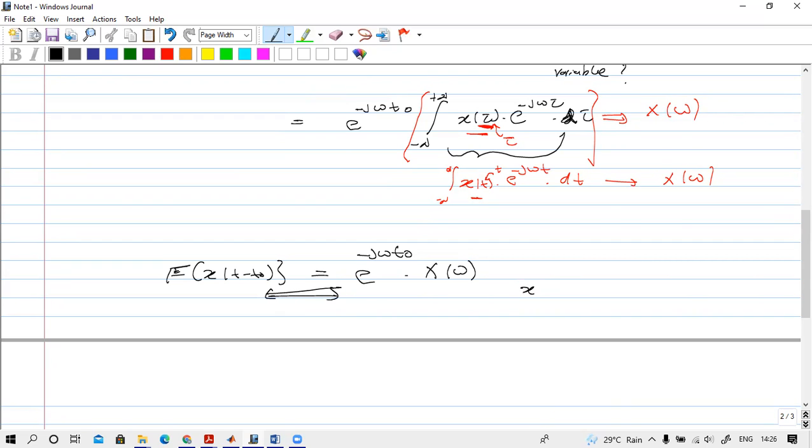That is, if x(t) has the Fourier transform pair X(omega), then x(t minus t naught) will have the Fourier transform e to the minus j omega t naught times capital X(omega). This is the time shifting property. Okay, we will see one example again.